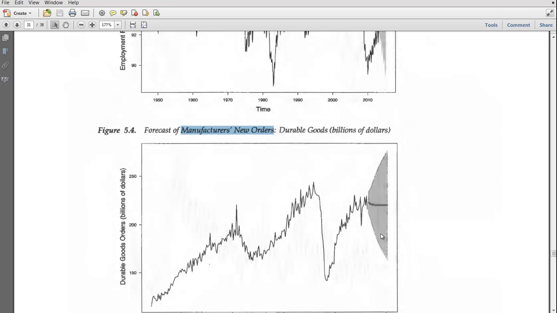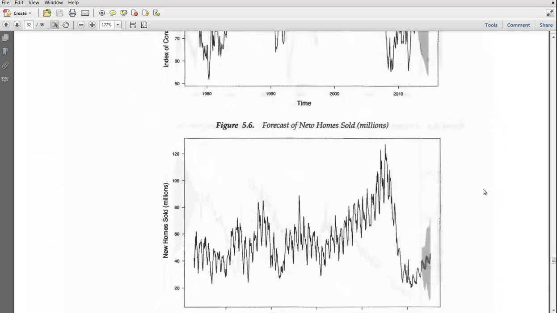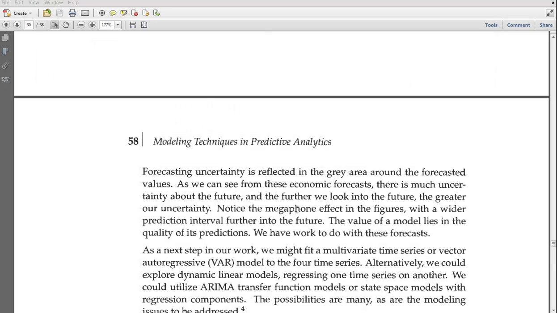You can see it gets plus or minus more and more and more as we move into the future, which is what you would expect. And the same thing with the other ones as well. This one and this one. He says it calls it a megaphone effect of the figures.